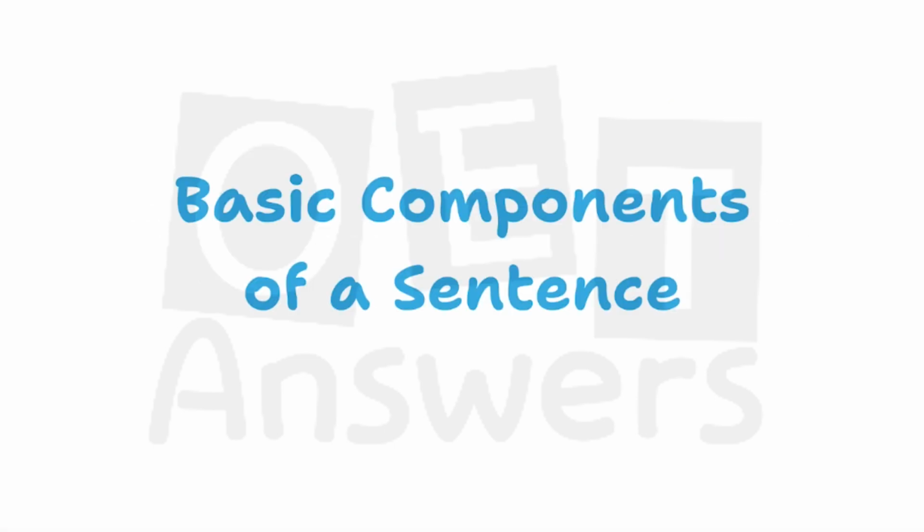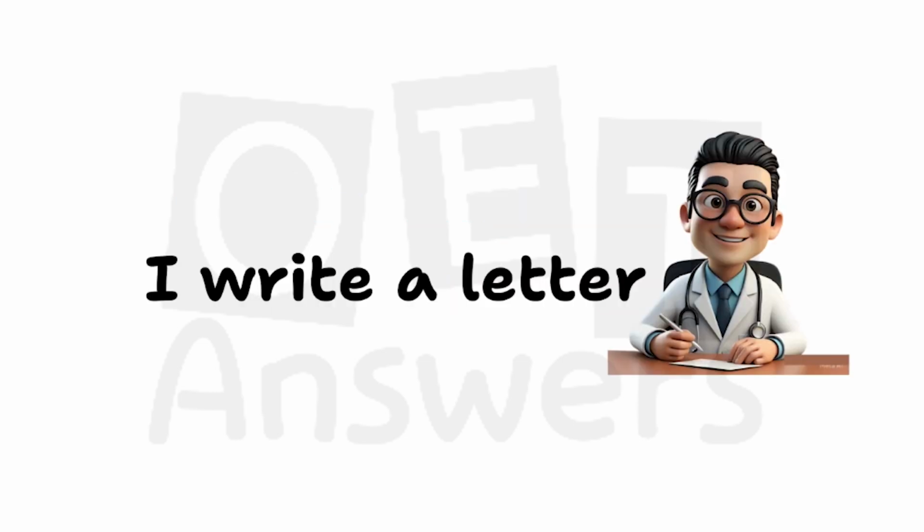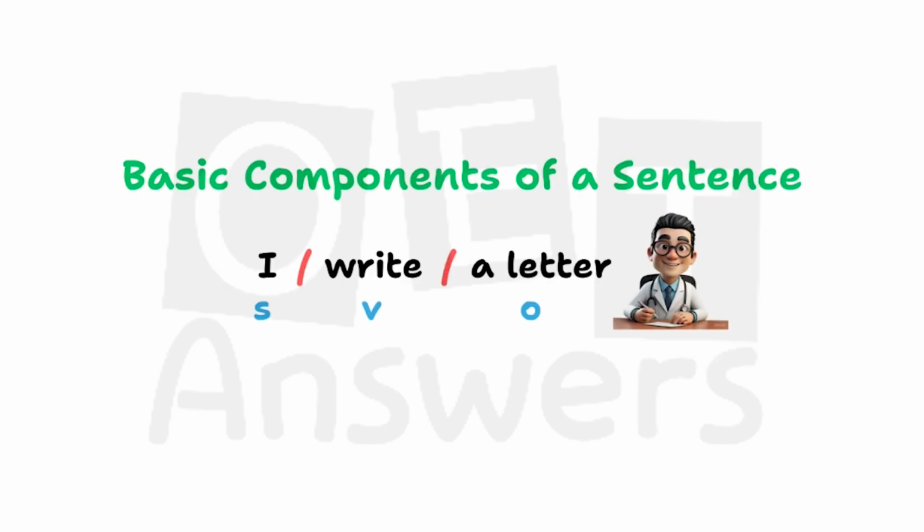Now let's discuss the basic components of a sentence. I write a letter. Exactly, this is a sentence. In this sentence, what are the components? The basic components of a sentence are, in I write a letter, subject, verb, object, and a few more things will come.